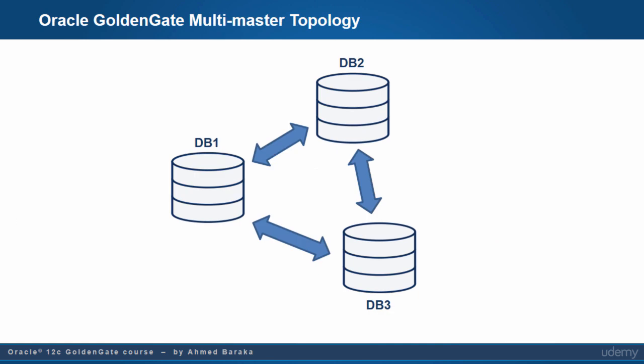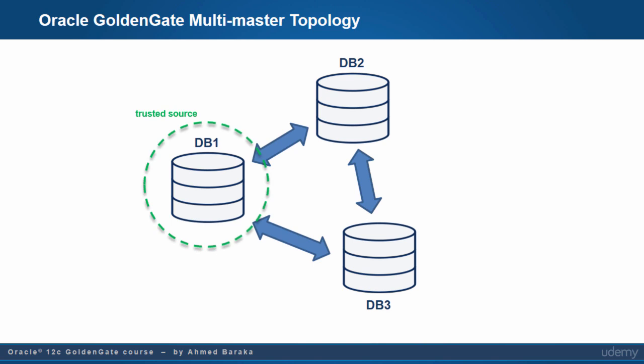The bidirectional configuration can be extended to allow more than two databases to participate in the configuration. This is called multi-master topology. As is the case with the bidirectional configuration between two databases, the applications can connect to any database in the configuration, and GoldenGate tries synchronizing the data among the databases.